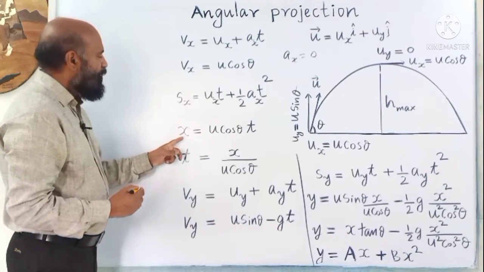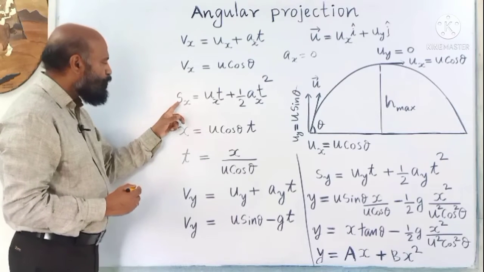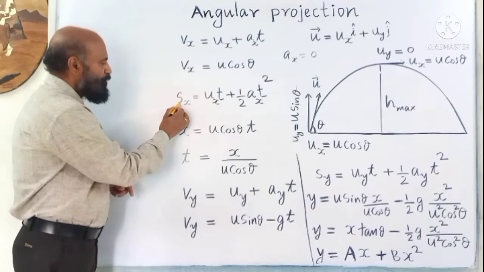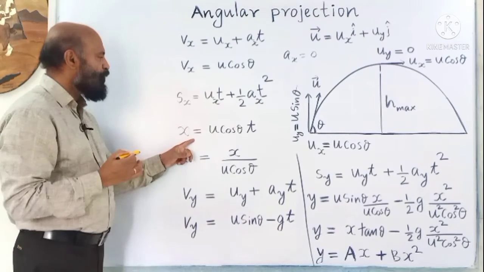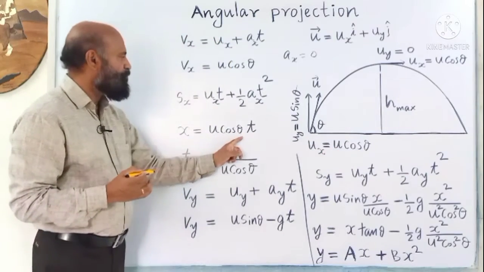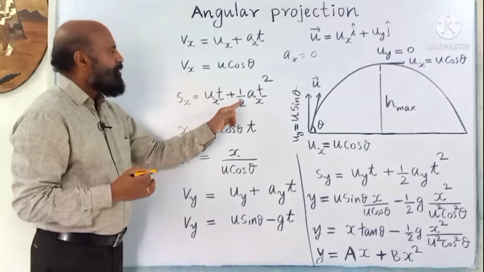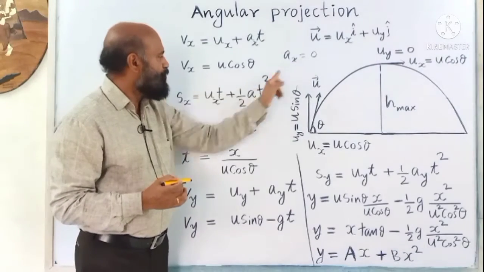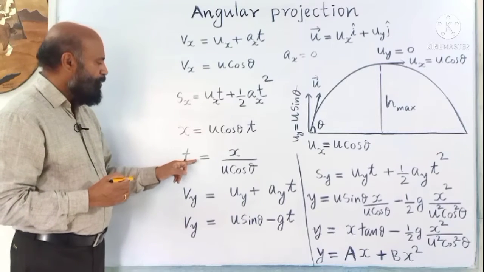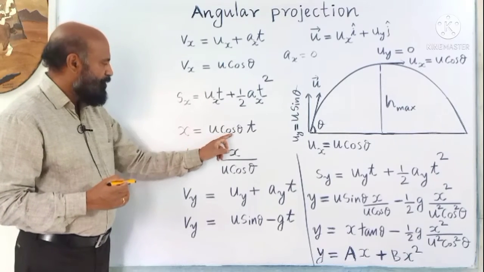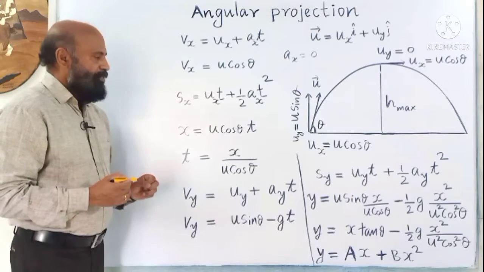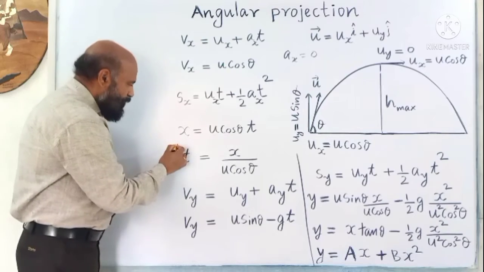Then x is equal to u cos theta times t. Since acceleration is 0, the second term will become 0. From this you can get an expression for time. So time is equal to x divided by u cos theta.